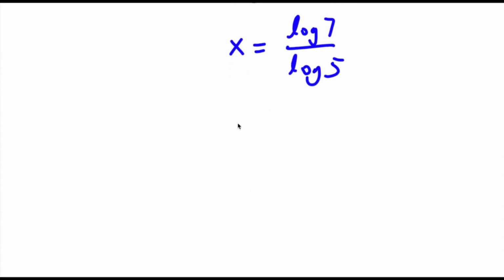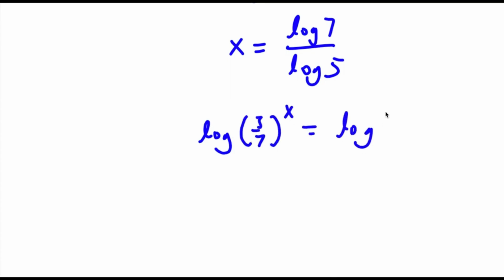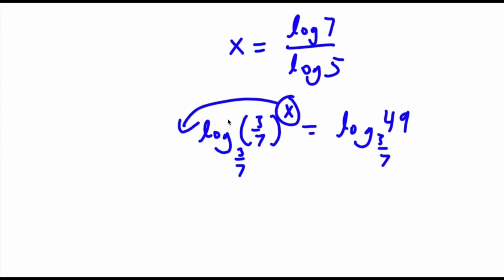So now going back to the original problem, I had log of 3 over 7 to the power of x is equal to log 49. And I'm going to actually take the log of base 3 over 7 on both sides, not just normal log. And now I can move this exponent x to the front.